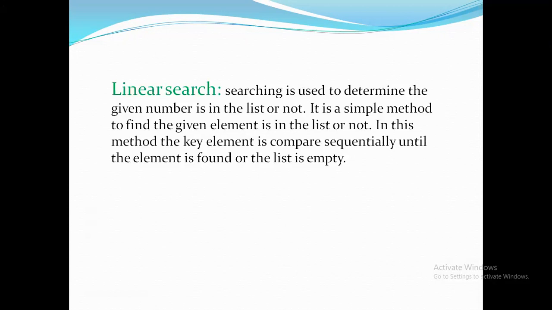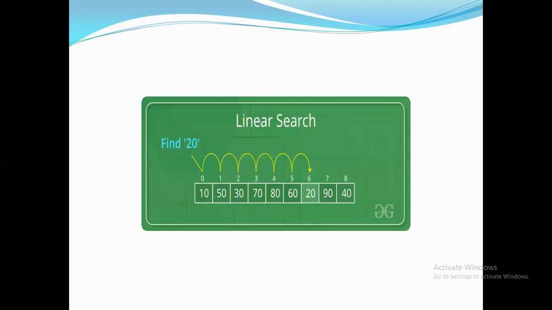So let us take an example. Let us assume that there are 10 elements: 10, 50, 30, 70, 80, 60, 20, 90, and 40. The key element is 20. I want to search for this 20 in this list. First, the key element 20 is compared with 10.